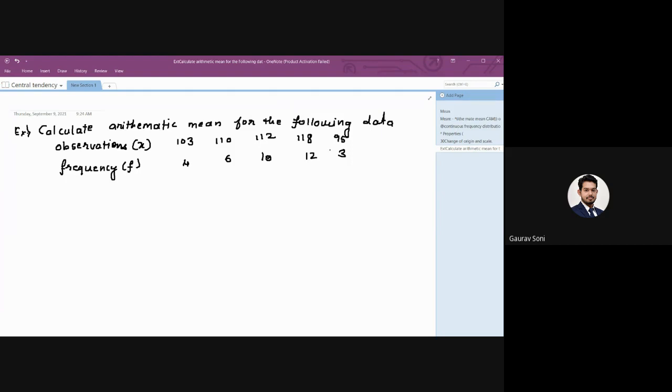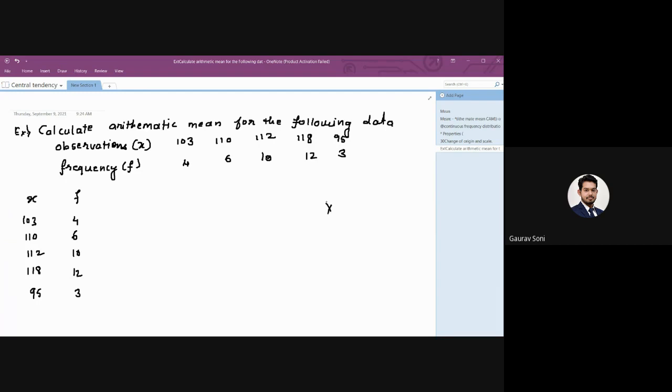So, a simple one. We'll write down x and f: 103, 110, 112, 118, 95. The frequencies are 4, 6, 10, 12, 3. Since it is the first example, we'll go by the basic formula.